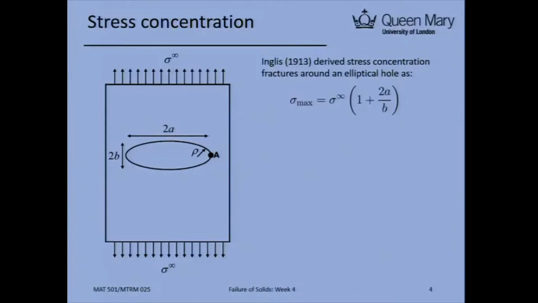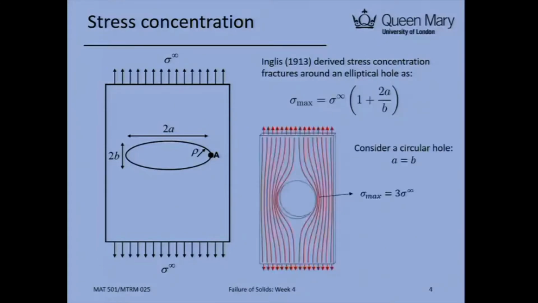So what happens if it is a circular hole? That means A equals B, right? So in that case, sigma max equals 1 plus 2, which gives you 3 times the remote stress. Some of the volunteers have looked at the stress concentration along that area.